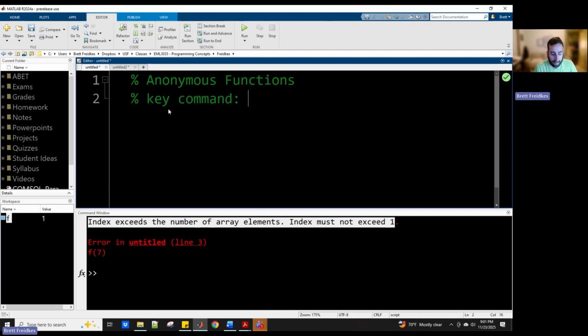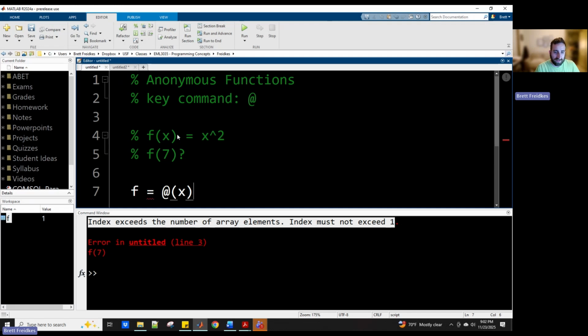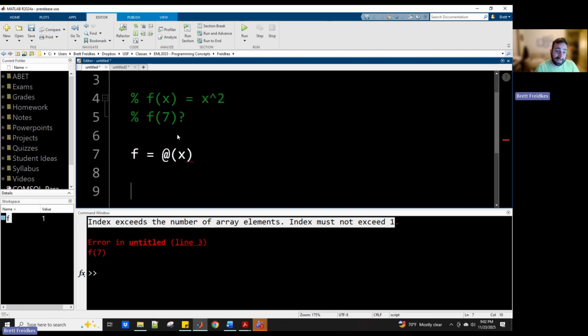And the key thing to remember is that we will use the @ symbol to help us with this. So let's say I do want to create the function, f of x is equal to x squared. This is what I want to create with the goal of finding f of 7. What we're going to do is write f equals, and instead of doing x squared, we're going to reference this random variable x that doesn't even exist.